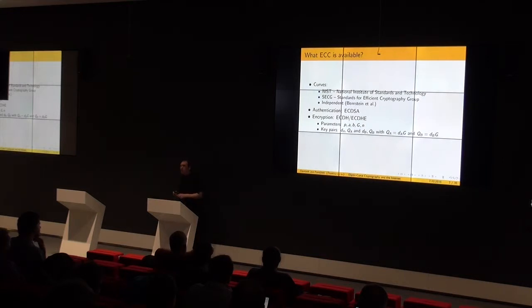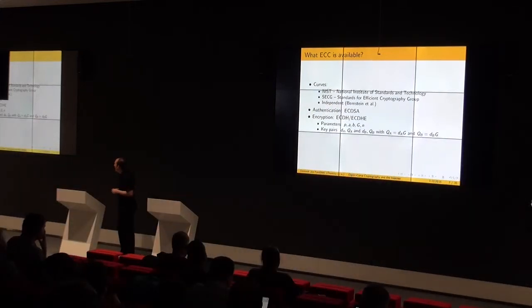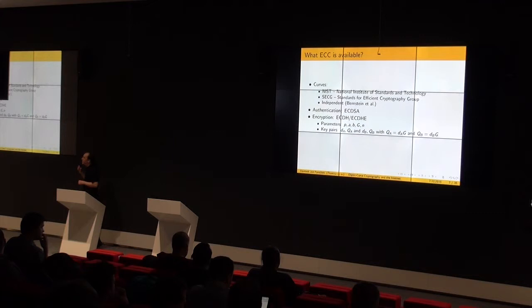Okay, so we generate key pairs, the standard Alice and Bob thing. DA and DB are their secret keys, just some random number smaller than n. They calculate the public points QA and QB by multiplying their secret number with the group generator, and they exchange the calculated points, QA and QB.